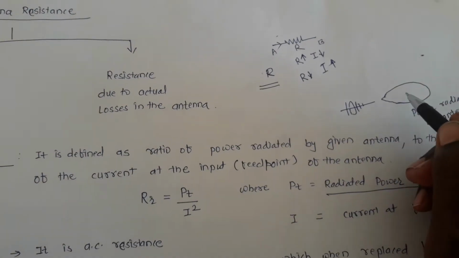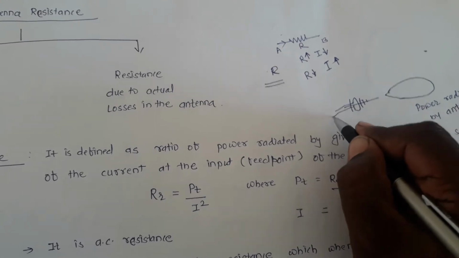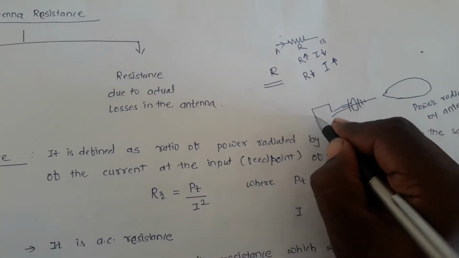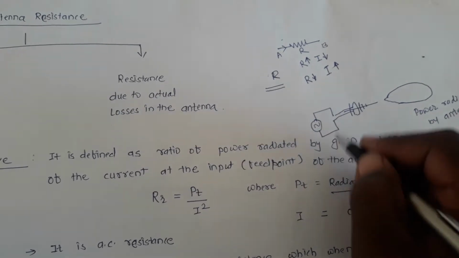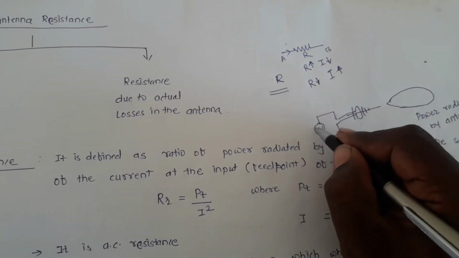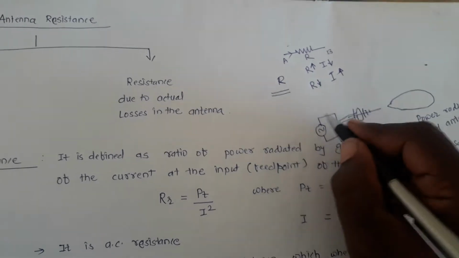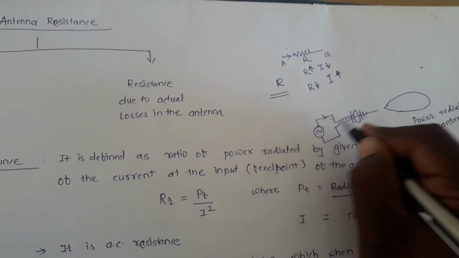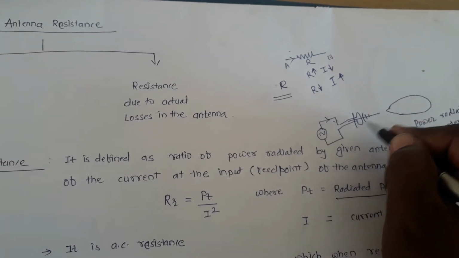Now, to radiate this power, we have to give some amount of input to this antenna. So, I am applying some input, and when I apply some supply to the feed of the Yagi-Uda antenna, the current will start flowing through each and every section of the antenna.